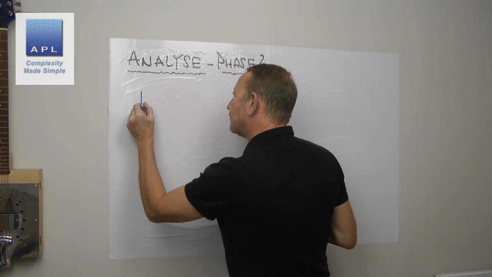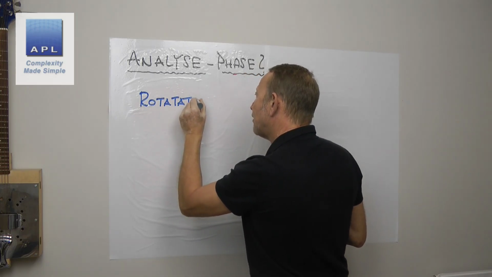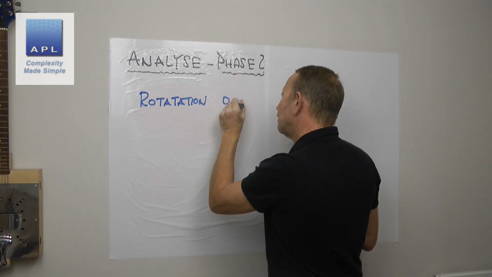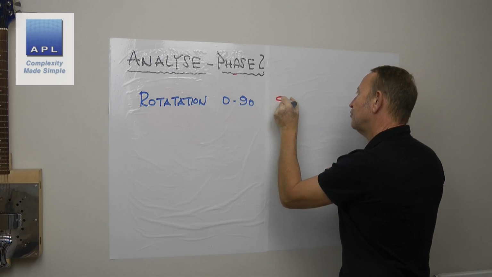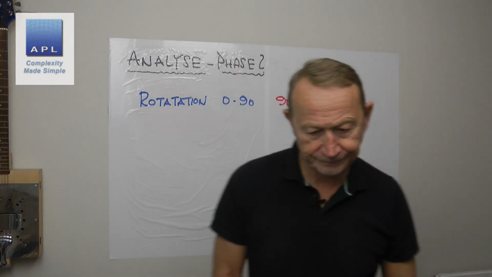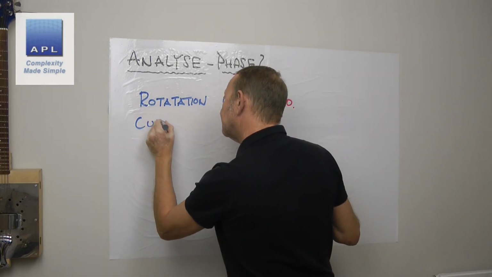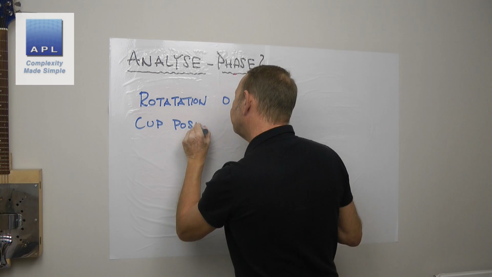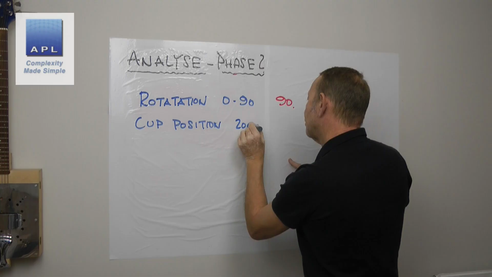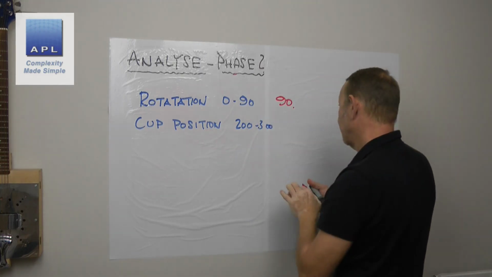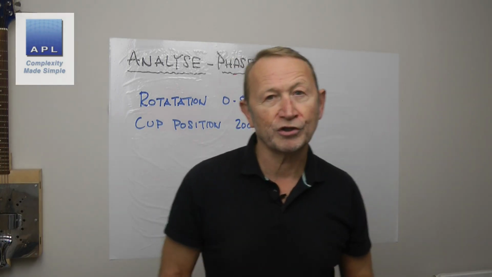What we've got is the rotation of the cup. That's got 90 degrees, we could go from 0 to 90, so 90 choices in that case. We've got the cup position, and that goes, I think, from 200 to 300, so 100 choices.